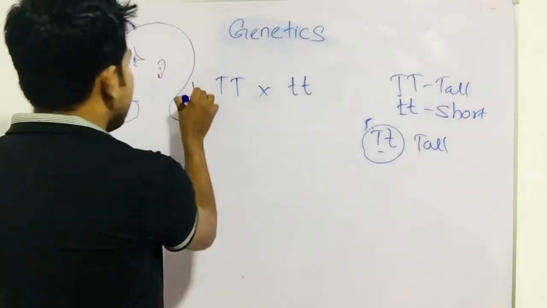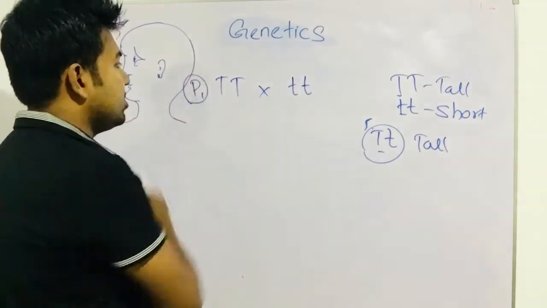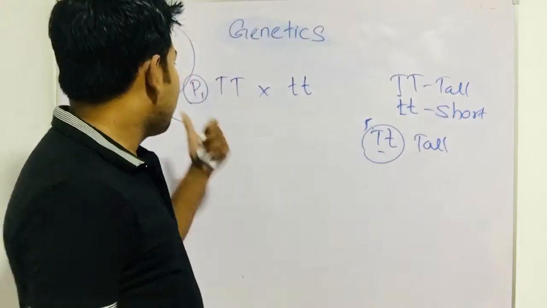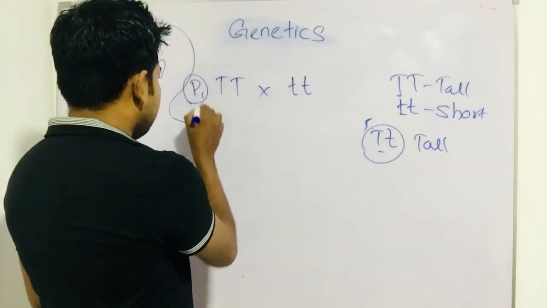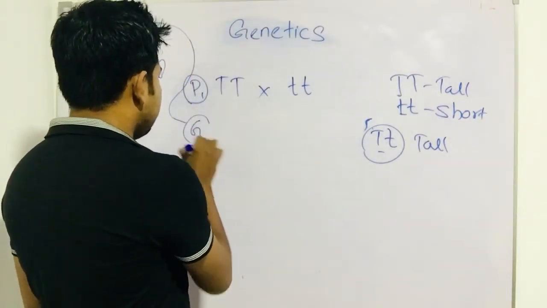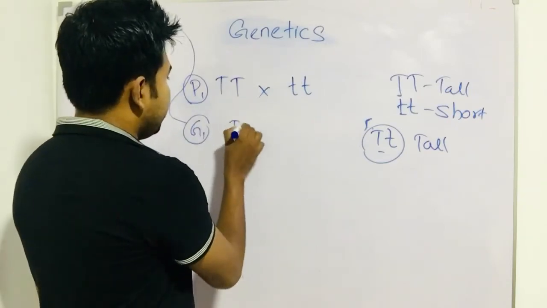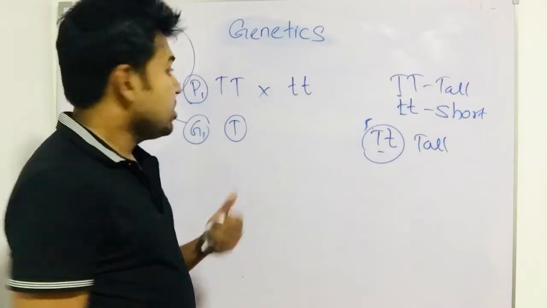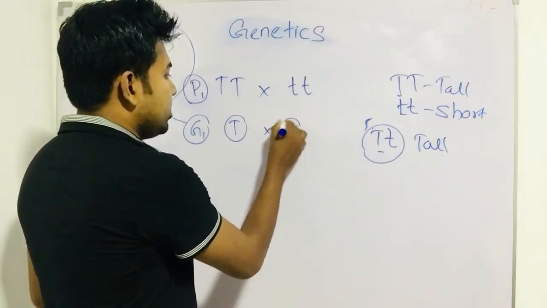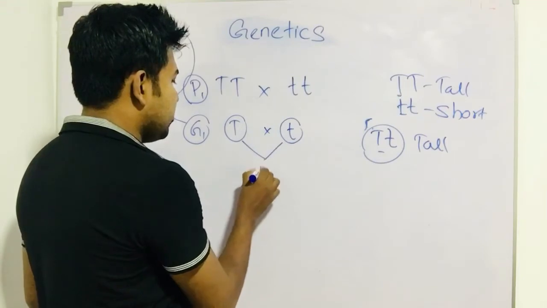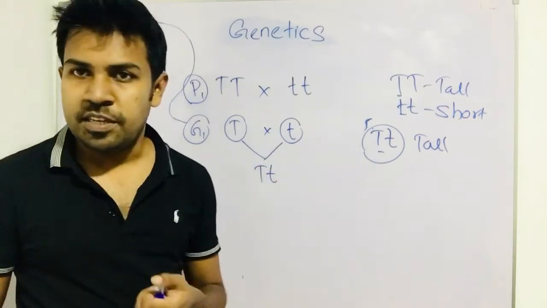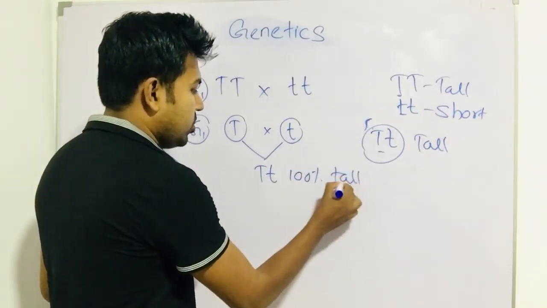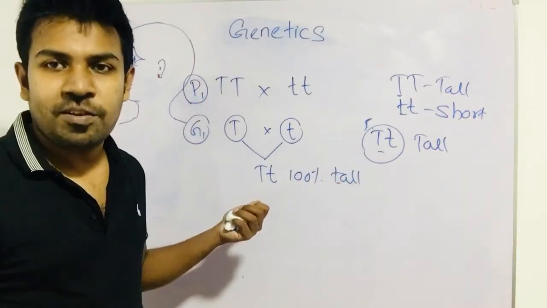This is called the first generation parents. Then from that he got these gametes, G1. Capital T is one gamete type, so I will circle that. Then the other one is small t. So the result will be capital T, small t, that is 100% tall. You know, capital T is the dominant character, therefore this is tall.